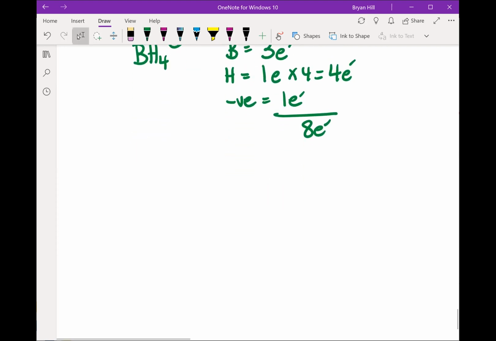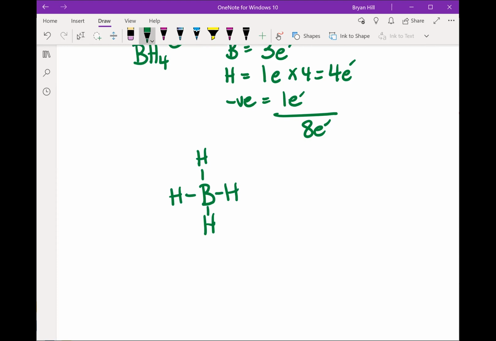Step 2 would be put the element with the highest bonding capacity in the middle. This is typically the least electronegative. And if you look at the Pauling's, boron can make 3 bonds, hydrogens can only make 1. So boron has to be the center atom. We're going to connect these with bonds, the atoms in the periphery.